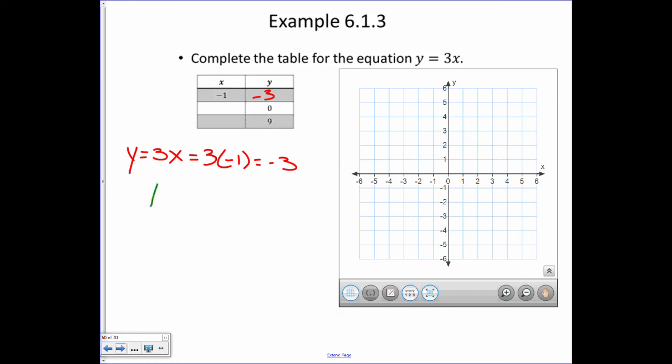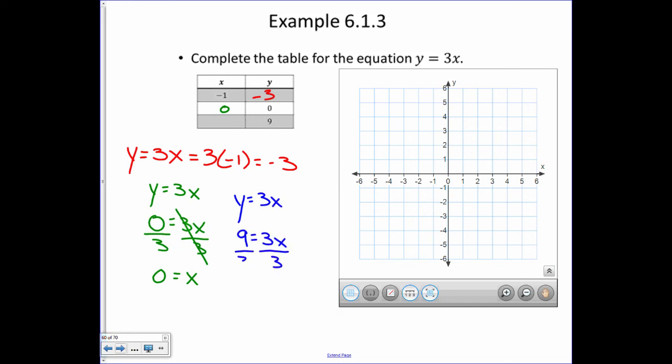For the second one, we have y = 3x, but now we're told that y is 0, and so we just have to solve for x by dividing by 3, and you get x = 0. And finally, again we have y = 3x, but now y is 9. If we divide by 3, we get x = 3.